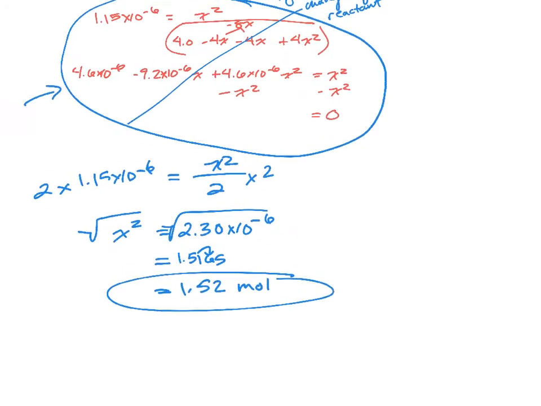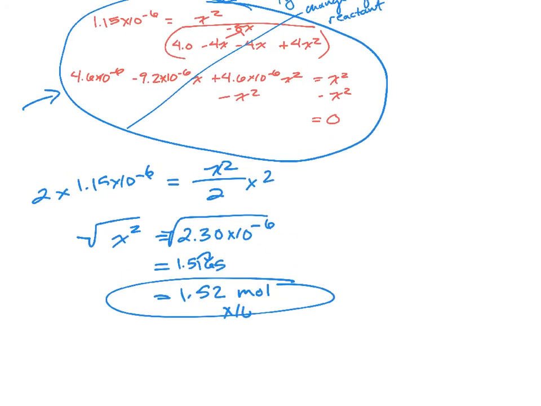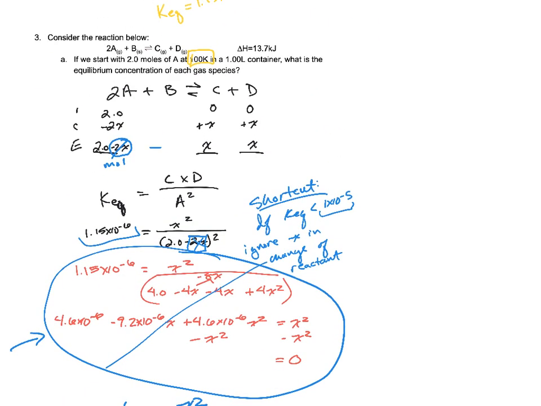Oh, sorry, this is 1.52 times 10 to the negative 3rd moles. So in C and D, now we know that x was 1.52 times 10 to the negative 3rd. So the concentration of C and D is 1.52 times 10 to the negative 3rd moles.